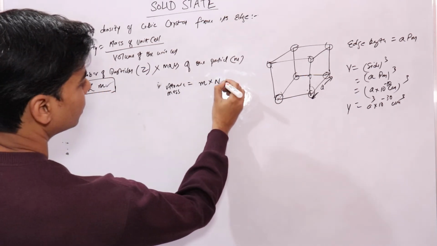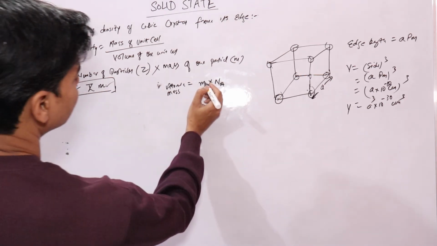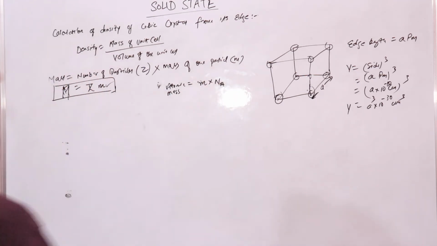We can represent it with Na, right? So this will give you the atomic mass. This is the mass of each atom, and this is multiplied by the Avogadro's number of particles, or the atoms.